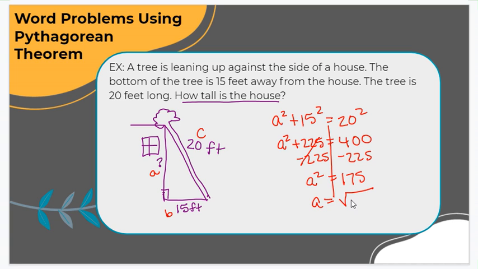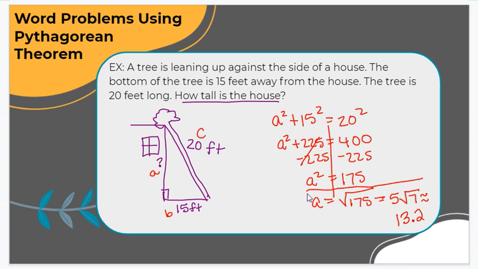So A equals the square root of 175, which is equal to 5 times the square root of 7. That would be for an exact answer, and then for an approximate, if we want to get it to a decimal, if it asks you for simplified radical, you would say 5 radical symbol 7. But if they ask for a decimal rounded to the nearest tenth, it'd be 13.22, so the 2 tells the 2 to stay.